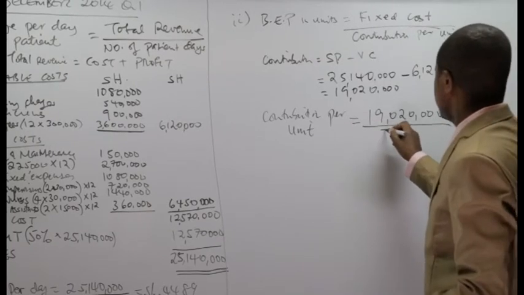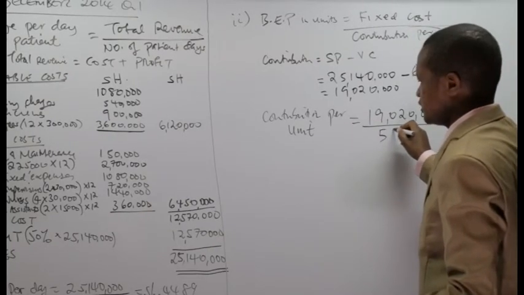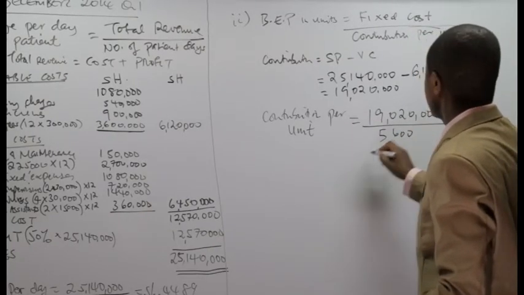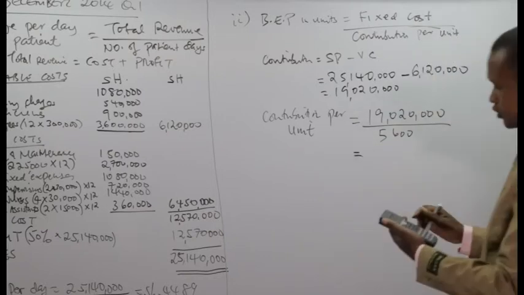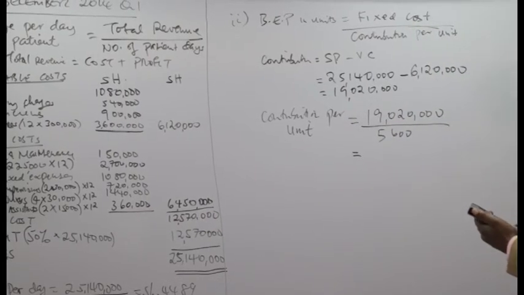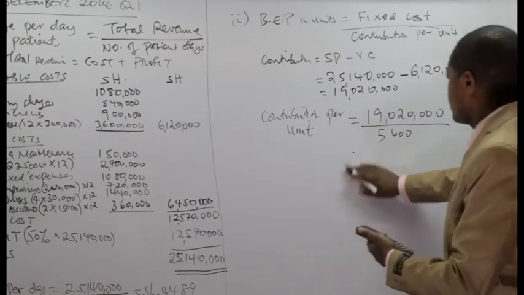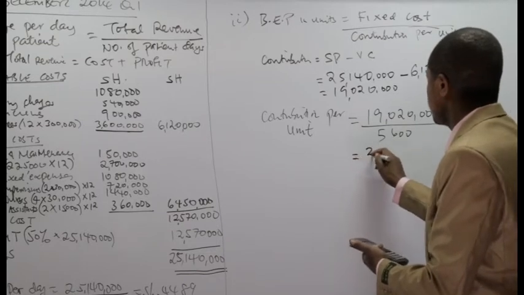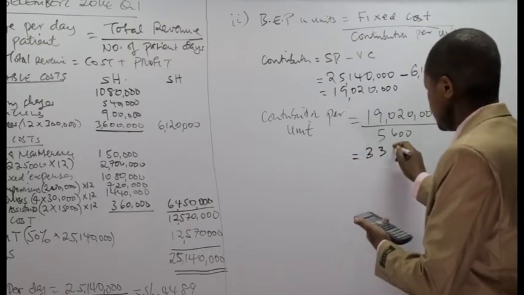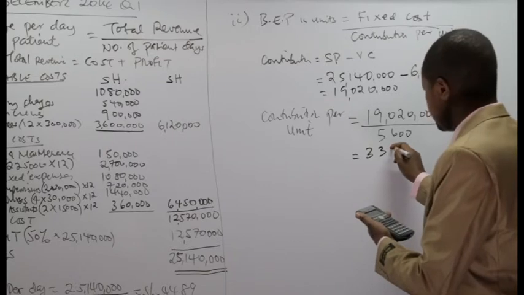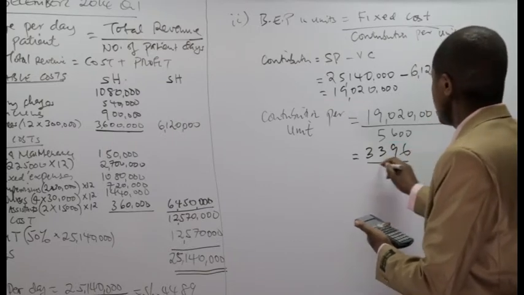We divide by 5,600 and that will give us the contribution per unit. I'm getting 33.96. That is the contribution per unit.